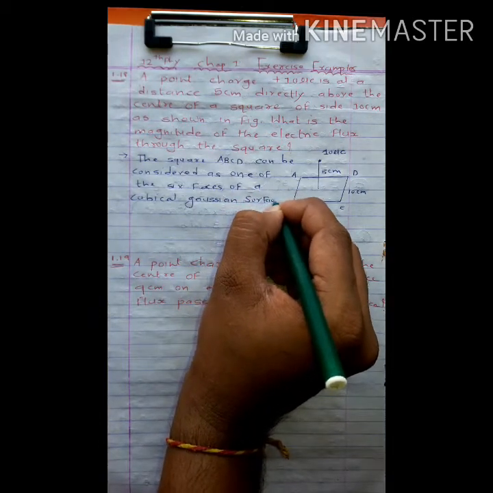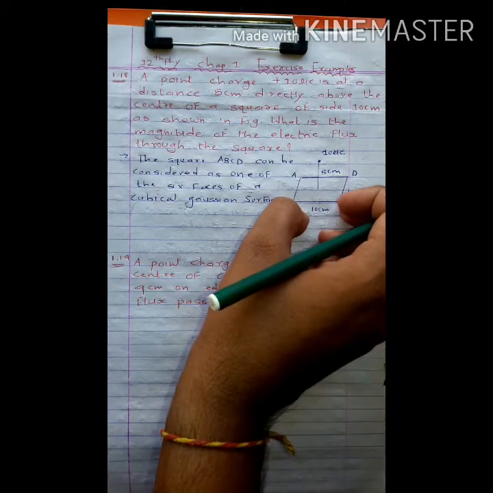So this is one of the six faces of a cubical Gaussian surface.